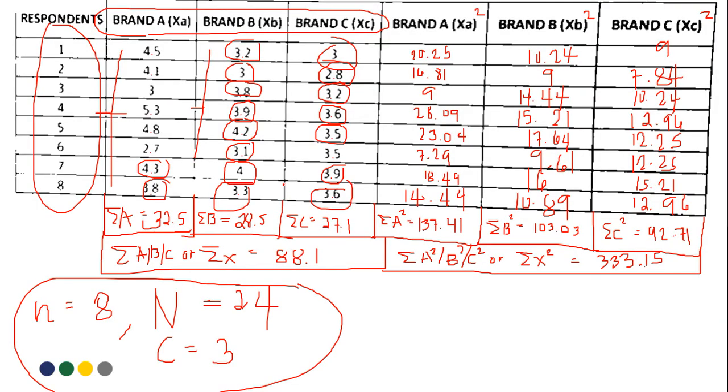Okay, step number 1 tayo. Step number 1, medyo mahaba ito. Yung HO natin is always equal to the mean sub 1 equals mean sub 2 equals mean sub 3. Palaging ganyan.